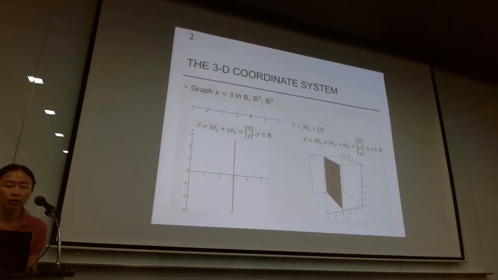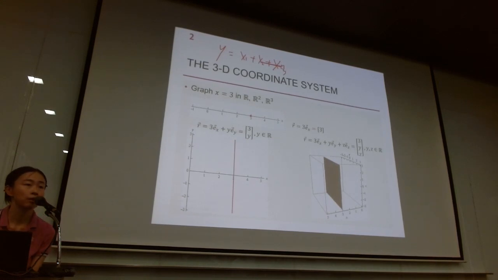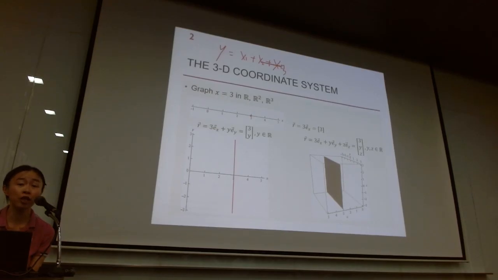So if we have y equal to x1 plus x2 plus x3, can you tell me, if I want to show this relationship, how many dimensional space I need? 3? This equation shows the relationship between x1, x2, x3, and y, right?